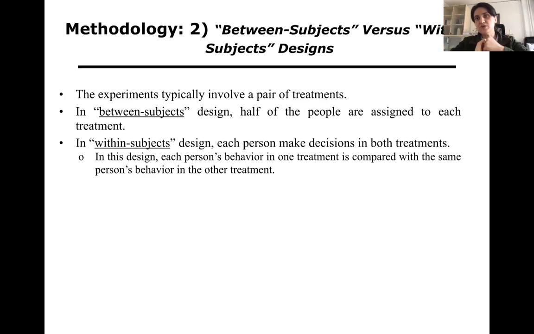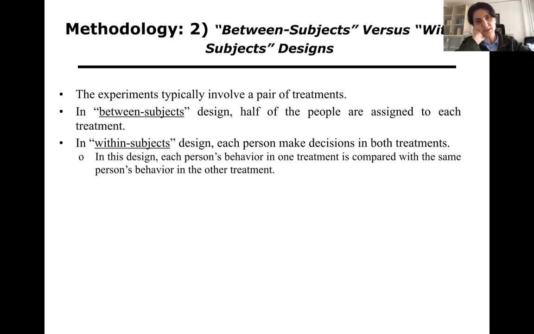So you are first inviting everybody to the experiment, and dividing the participants into two. Half of them participate in the partner treatment, half of them in the stranger treatment. This is how between subject design occurs.